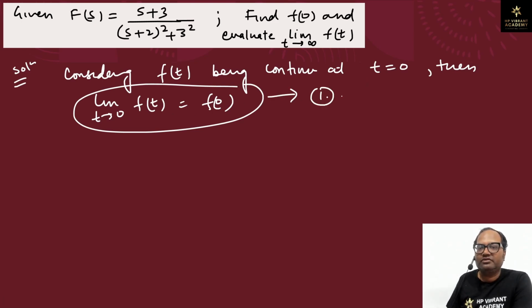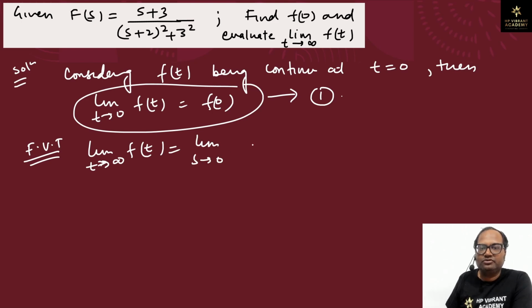Let us take this as equation 1. So now using final value theorem we have limit t tends to infinity f of t is equal to limit s tends to 0 sF(s). Now first we have to find the value of f(0). So let us use the initial value theorem first.